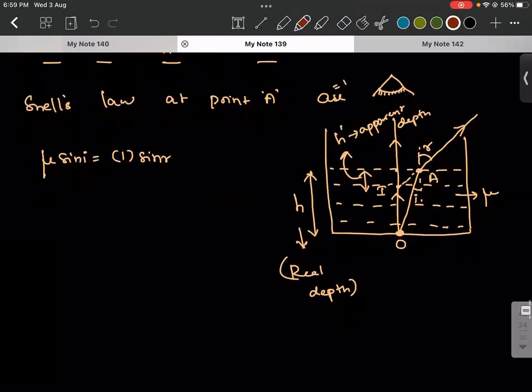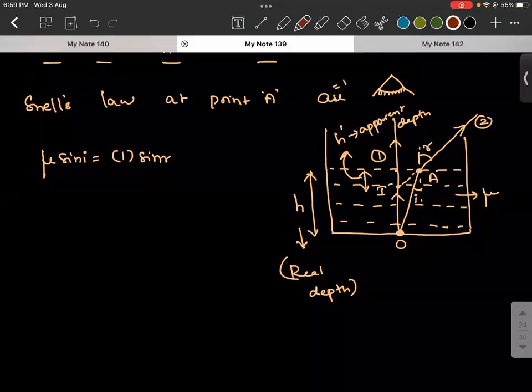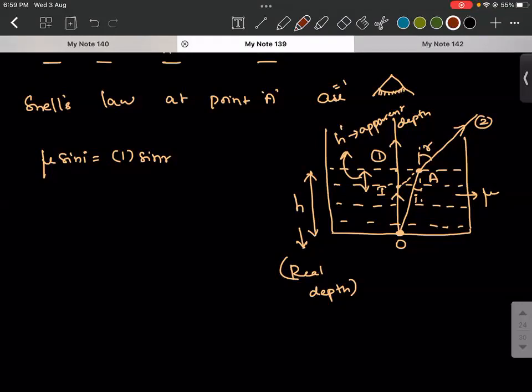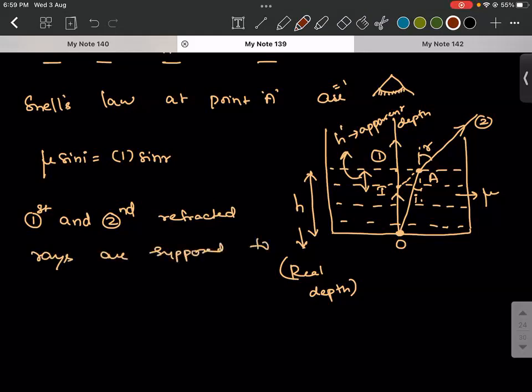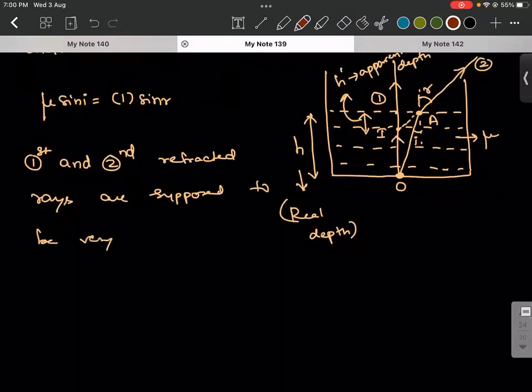Having said this, one important point that I would like to mention here is that the first refracted ray and the second refracted ray are supposed to be very close to each other, because it is the eye that is looking at the image that is getting formed.